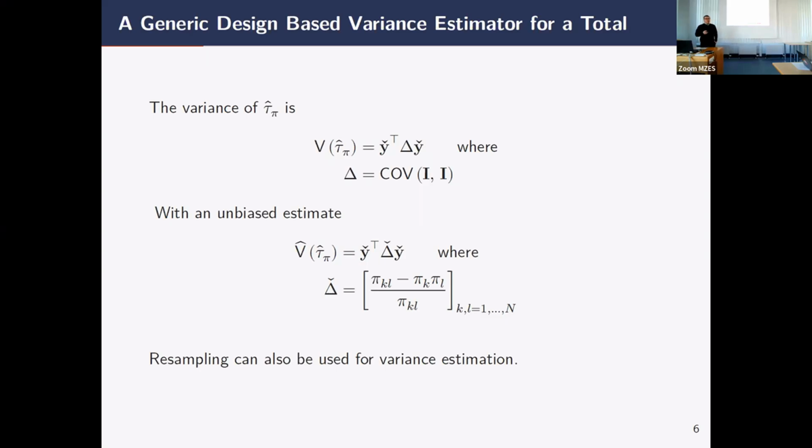Yeah. So as I said, even for more complex statistics, often you can reduce that to the problem of estimating the variance of a total or multiple totals. One alternative, which we will also see in an example, is resampling. This works obviously differently.